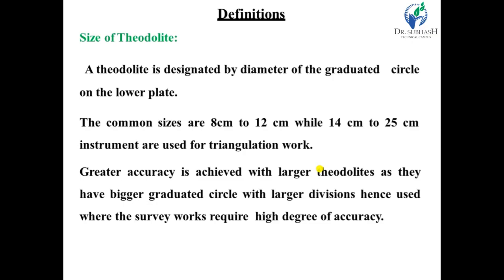The common sizes of theodolite are 8 centimeter, 12 centimeter, 40 centimeter, and 25 centimeter. If our graduated circle diameter is more, then the accuracy of our theodolite is more. So, for achieving greater accuracy, we should choose a larger diameter of plates.